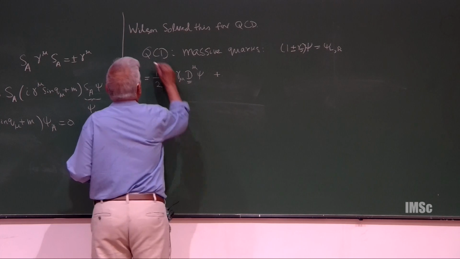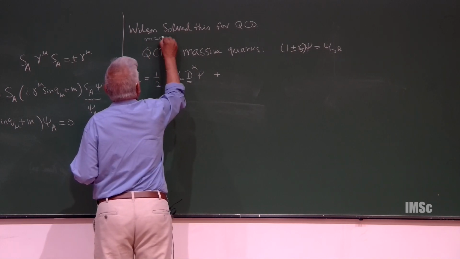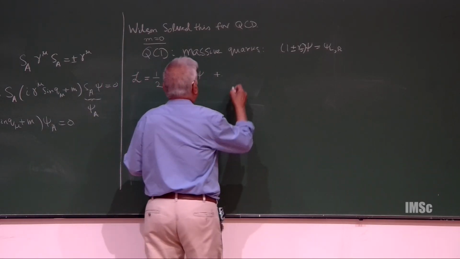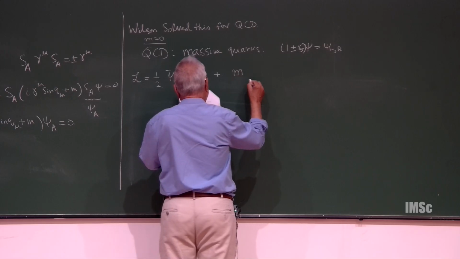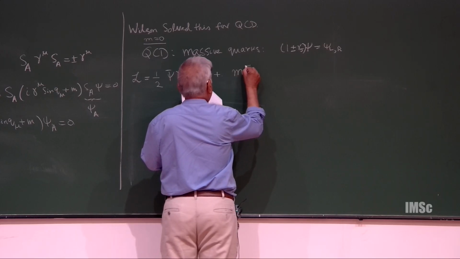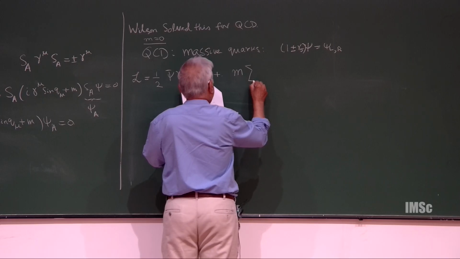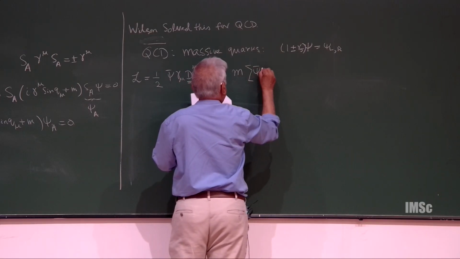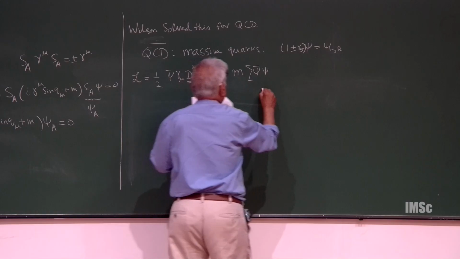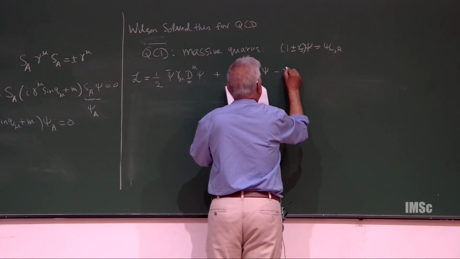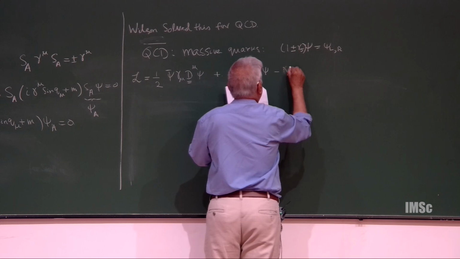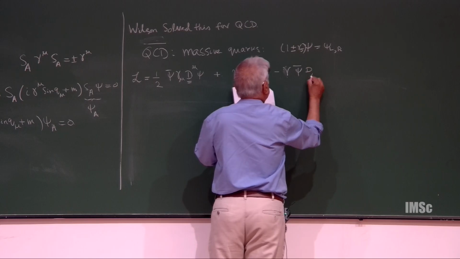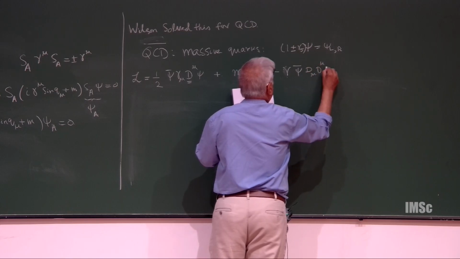We will look at it when the mass of the quark is taken to be 0. This is a standard QCD, and he said add a term like this, where there is a parameter r, ψ̄ D_μ D_μ ψ.